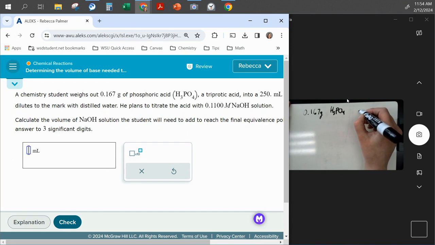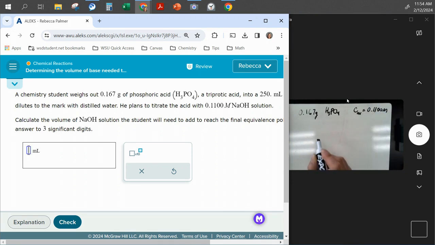This is the concentration of base, 0.1100. And we talked about how what we're looking for is when the moles of acid are equal to the moles of base. And that's how we can figure out when these are equal to each other. That's how we can do some other calculations.